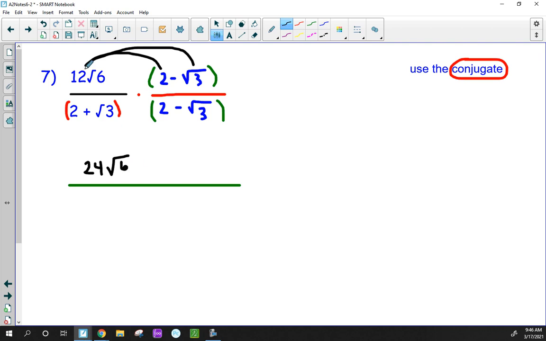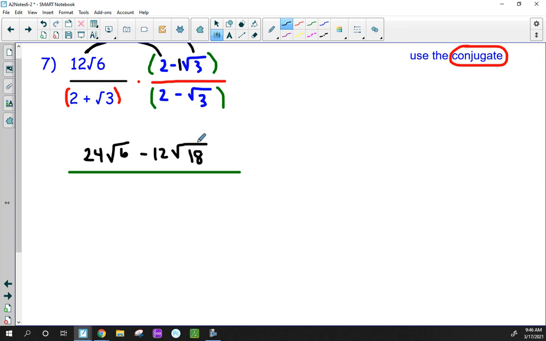Then you're going to do 12 square root of 6 times negative 1 square root of 3. 12 times negative 1 is negative 12. Square root of 6 times the square root of 3 is the square root of 18. Okay, we do need to simplify this, but we wait till the next step.